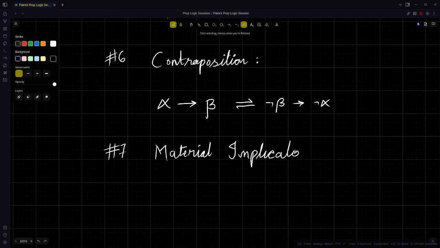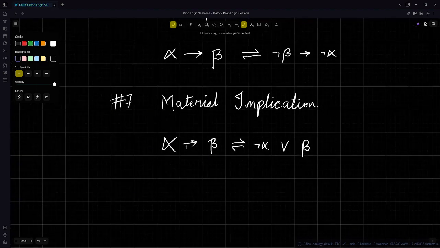We briefly saw this one last time. I think I can say this one out. You can correct me if I'm wrong. Alpha implies beta is the same as not alpha or beta. Exactly, that's the one. So you already understand this.